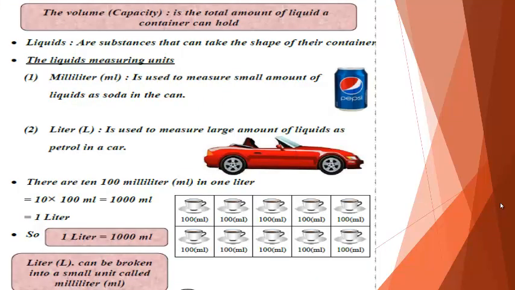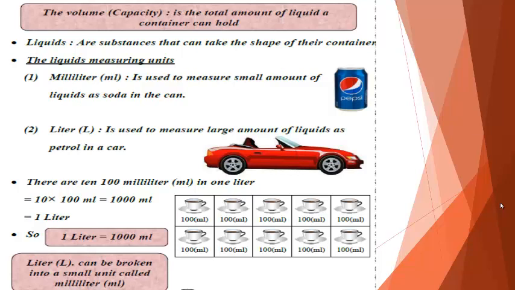What about the liquids? How can I find the volume or the capacity of any liquid? At the beginning, we have to know what is the meaning of capacity, or what is the volume of a liquid. Any liquid, as we know, doesn't have a definite shape, right?